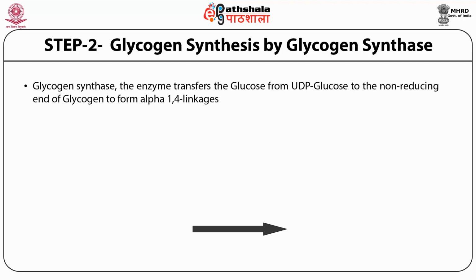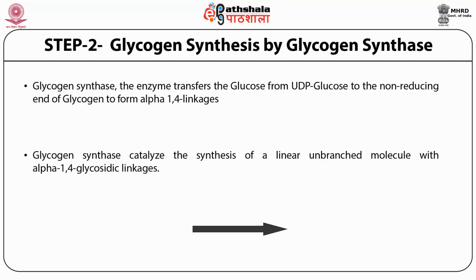Glycogen synthesis requires a primer. Glycogen synthase can add glucosyl residues only if the polysaccharide chain already contains more than 4 residues. It means that glycogen synthase can only extend an existing chain. If there is no primer, the chain cannot grow.